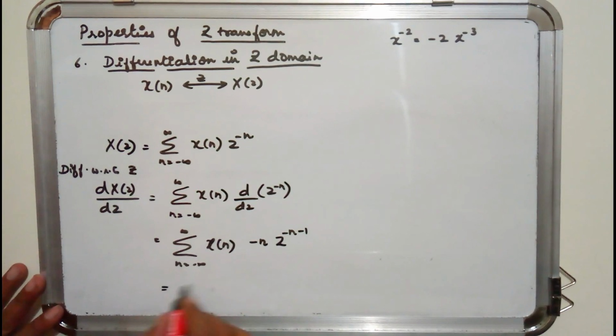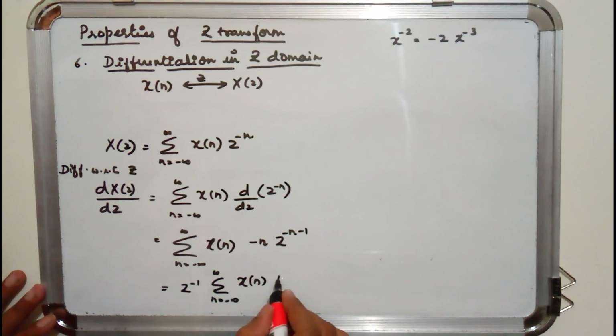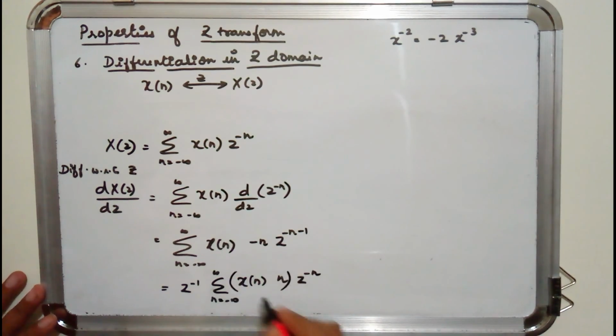So I can take z power minus 1 out. So summation n is equal to minus infinity to infinity x of n into n into z power minus n, right?